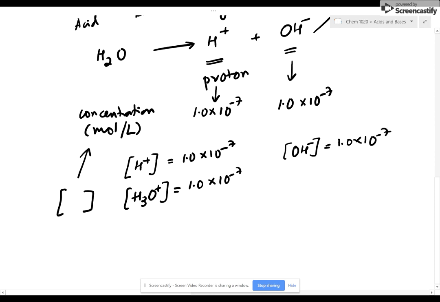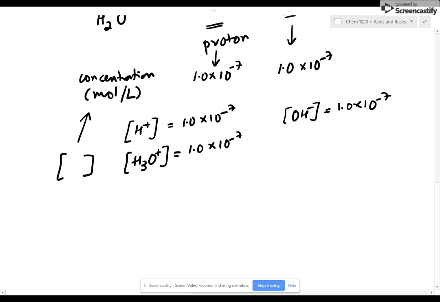Now, as you can see from the concentrations that we've written down, these numbers are a little complicated because you have a number, 1.0, and then you have a certain power of 10, and it makes this a little hard to read. So in chemistry, what we tend to do is simplify these numbers, we find a way to express these exponents only, as a simpler number.